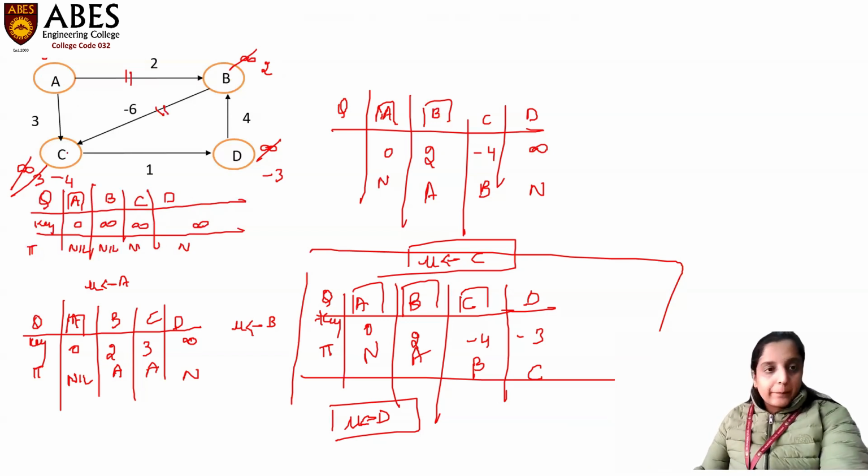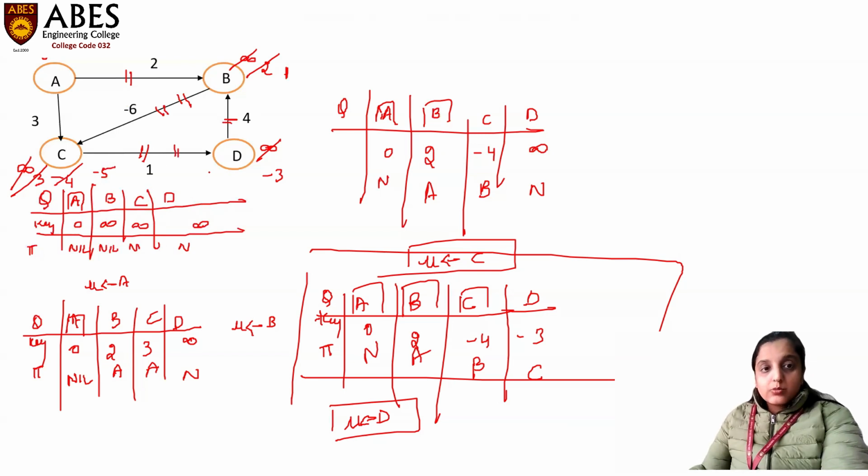So 2 minus 6 is minus 4. So it's okay, fine. Next, it is going in this direction. So minus 4 plus 1 is minus 3. It's fine. Then the arrow is going in this direction. Minus 3 plus 4, that is 1. So 1 is less than 2, so we'll update this value. Then again, the arrow is going in this direction. So 1 minus 6 is minus 5.